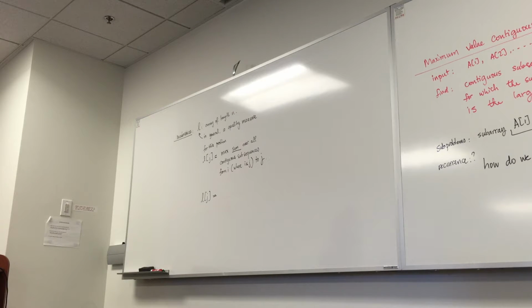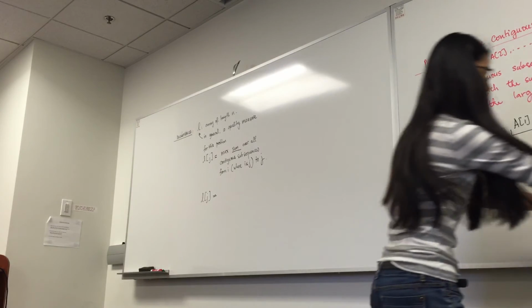Either A of J or A of J plus, I guess, some other variable applied to A of J minus 1. So we want to express this quantity here, right?